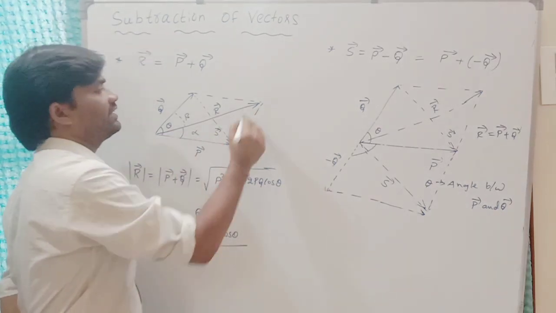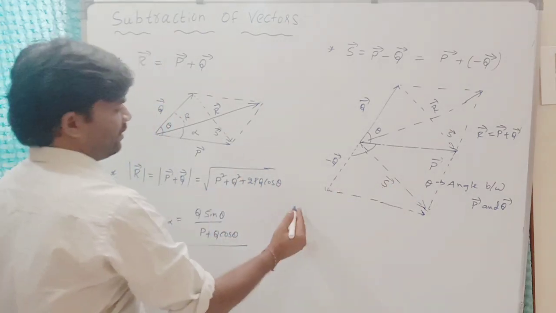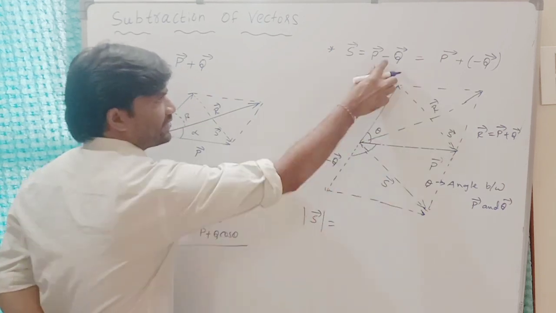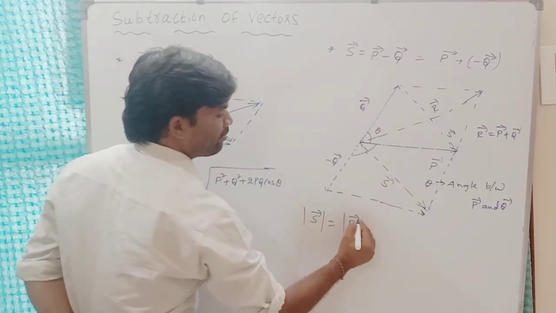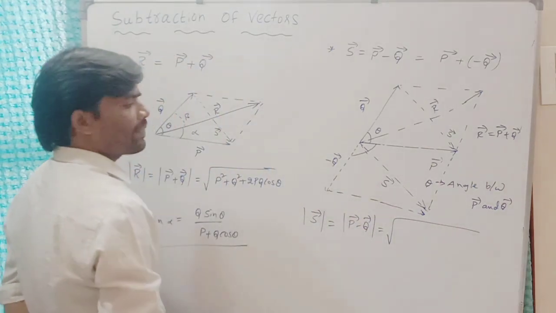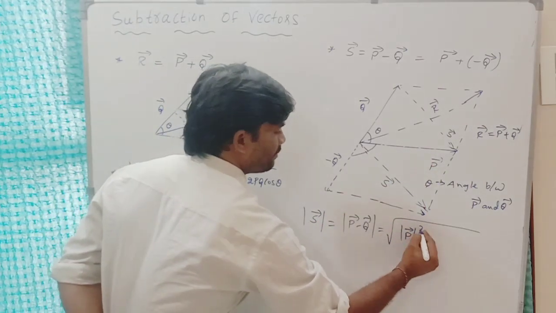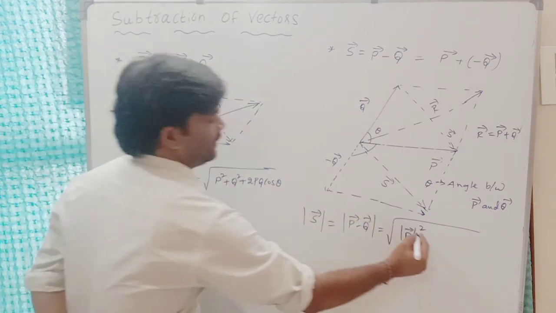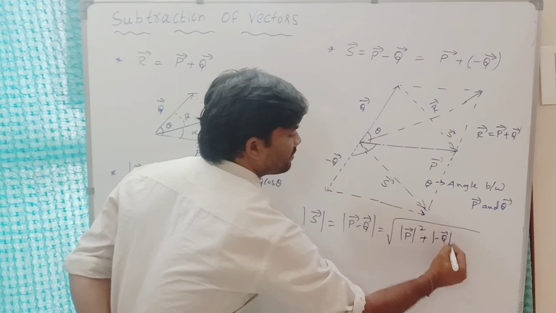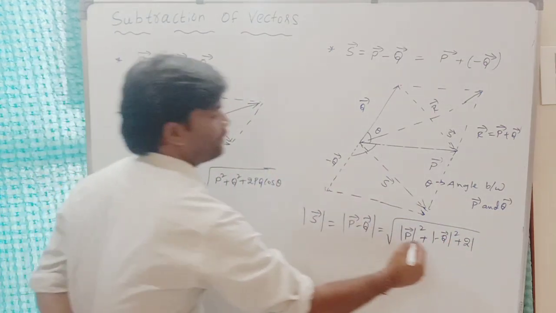This is S, this is R. To know S, you can apply the same formula. What is the magnitude of this S vector? What is S actually? It is P bar minus Q bar. Its magnitude is the square root of P square and next this vector square, Q square, minus 2PQ cos theta.